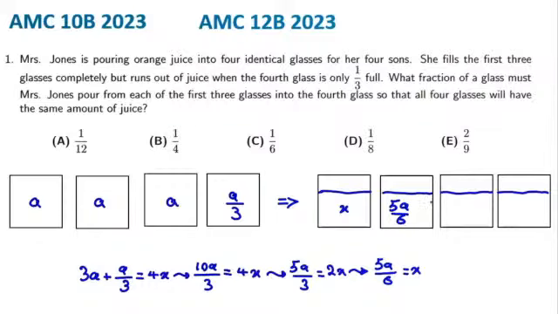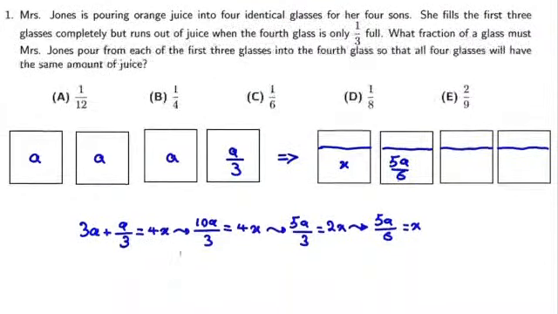Now, it says what fraction of a glass must Mrs. Jones pour from each of the first 3 glasses? So, we have A, we want to reach 5A over 6. So, A minus 5A over 6 is the first one. We should reach, for example, this one to this one. So we should consider these parts.